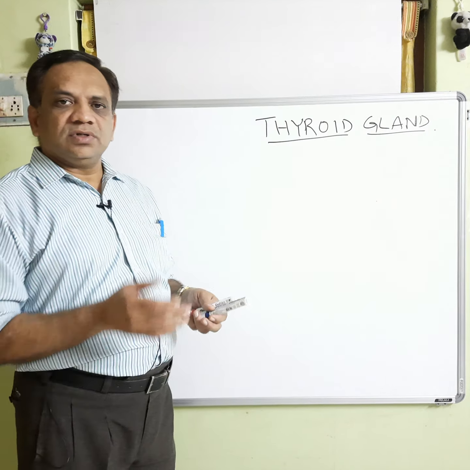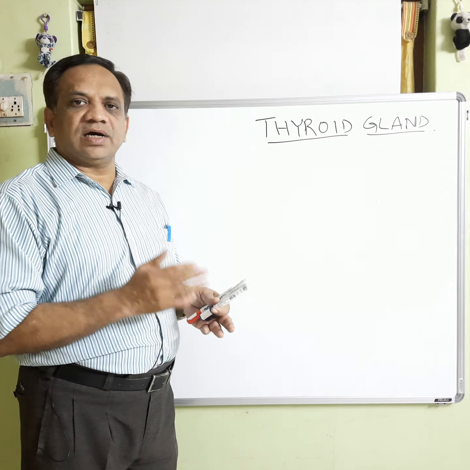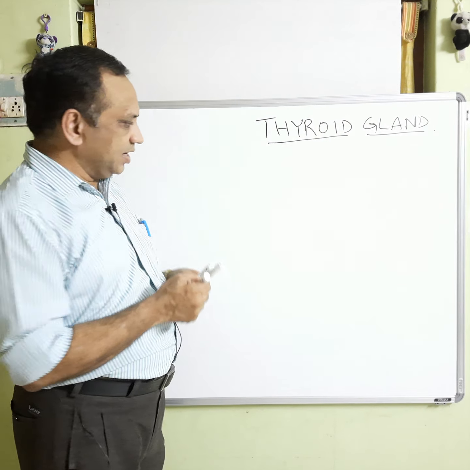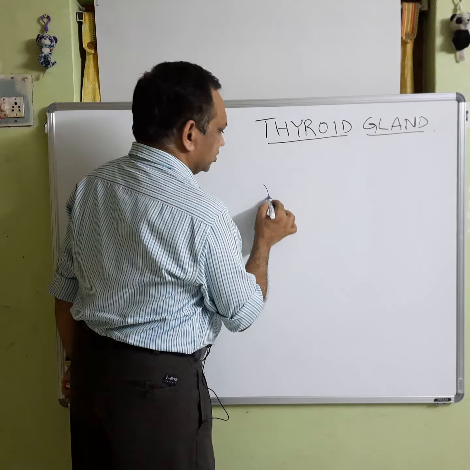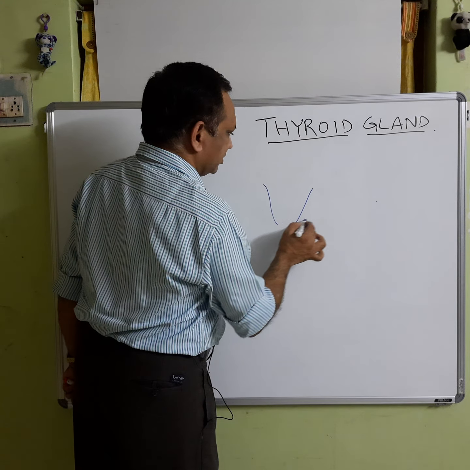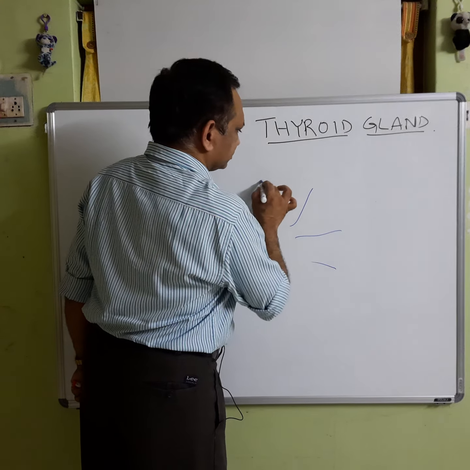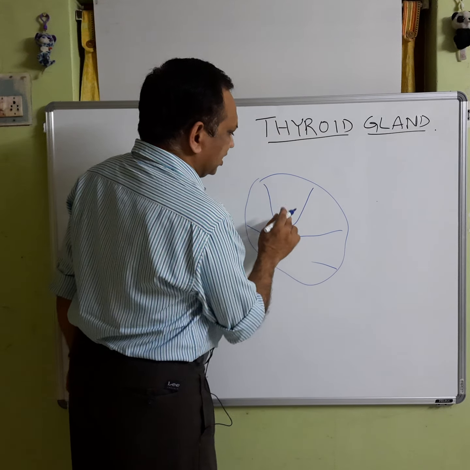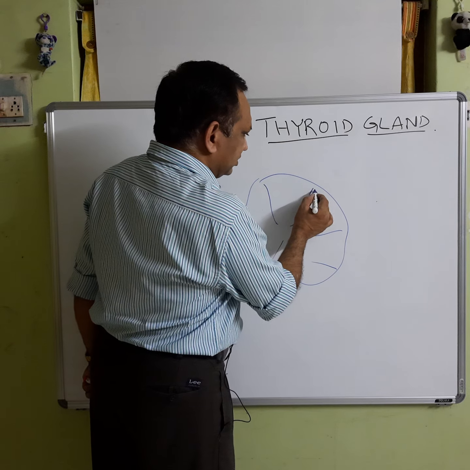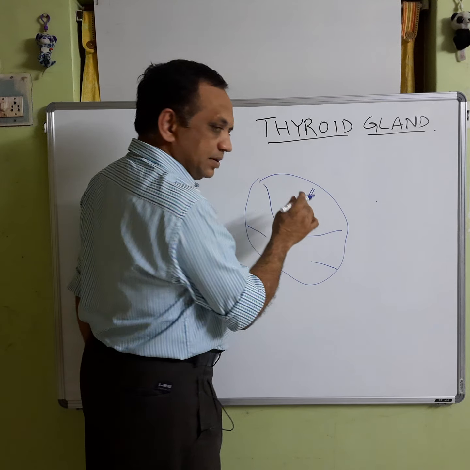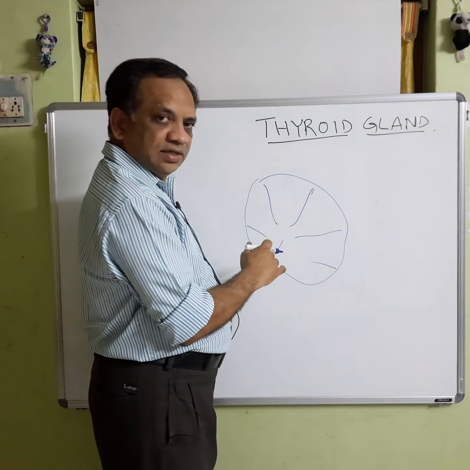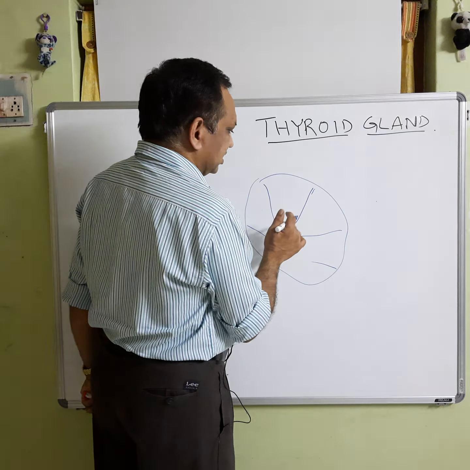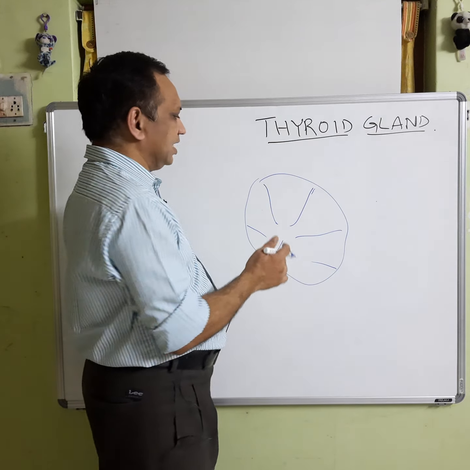The capsule sends so many septa into the gland, thus forming many lobules. So, many lobules are formed, and this is the gland, and these septa will carry the branches of the arteries and veins, and also the sympathetic nerves.